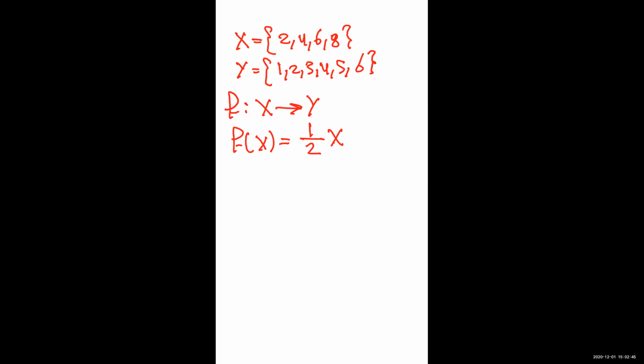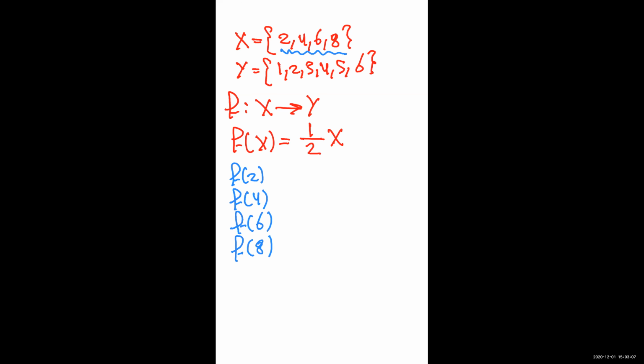So now f of x equals half x. No problem. What are the elements of x which I'm going to use? It's 2, 4, 6 and 8. So I have to get f of 2, f of 4, f of 6, f of 8.